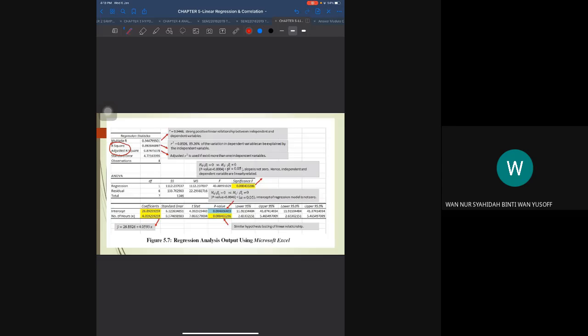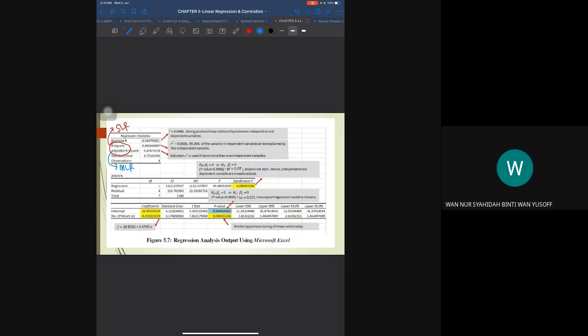We read the R square when we have simple linear regression, and we read the adjusted R square when we have multiple linear regression. Then we have the standard error, which we basically use to discuss variability in your data set, and then the observations.